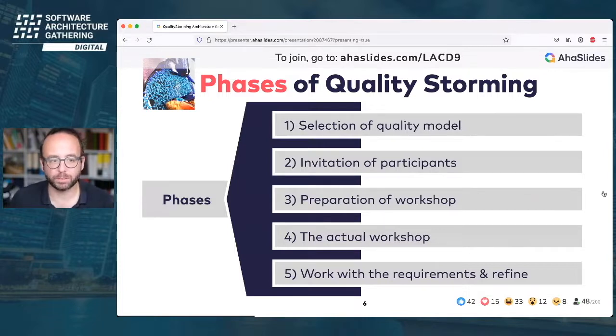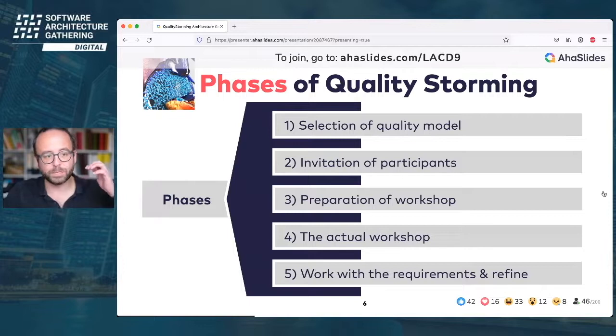Invite the right participants. Don't just do that with only technical folks. Invite a wide variety of stakeholders. Make sure that you prepare the workshop. I think a good preparation always goes a long way in many collaborative modeling workshops. Then we run the actual workshop, and then we work with the requirements and refine.